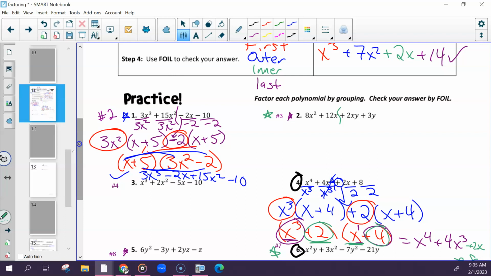I think one of you said it. Yeah, 4 is the number. How many x's do they share? 1. So if we're dividing by 4x, what would be left? Plus 3.